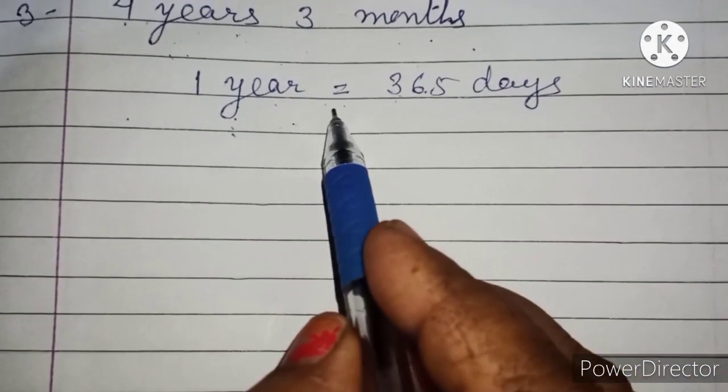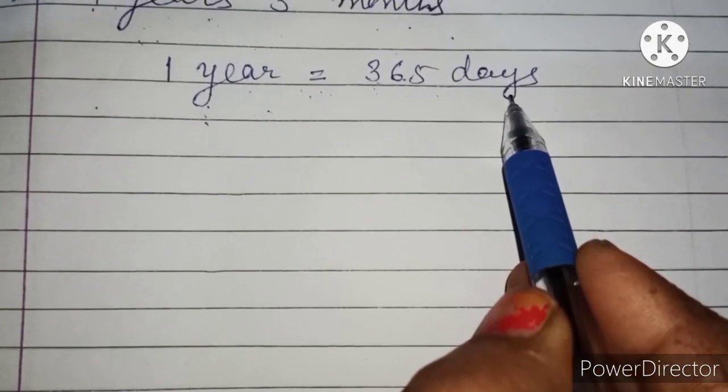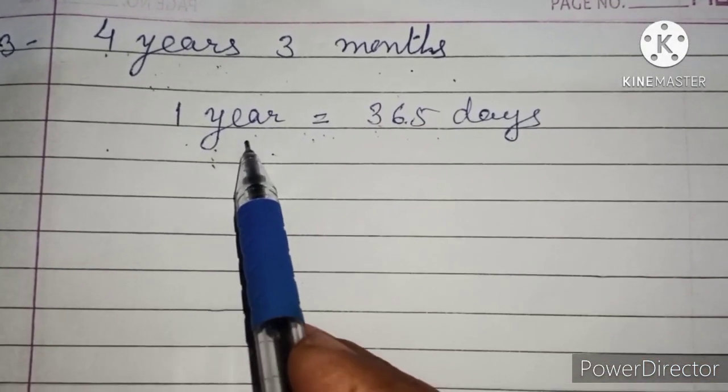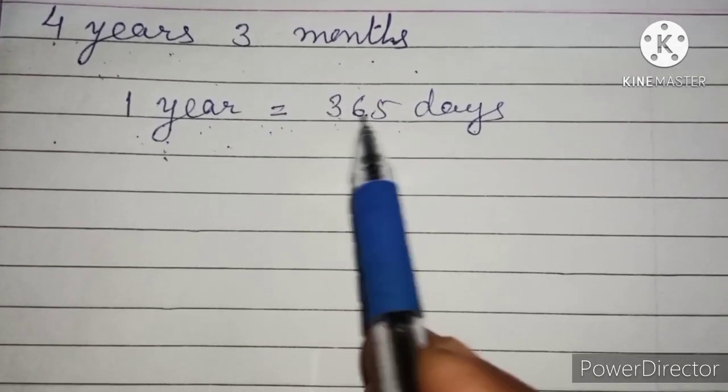So I wrote here 1 year is equal to 365 days.